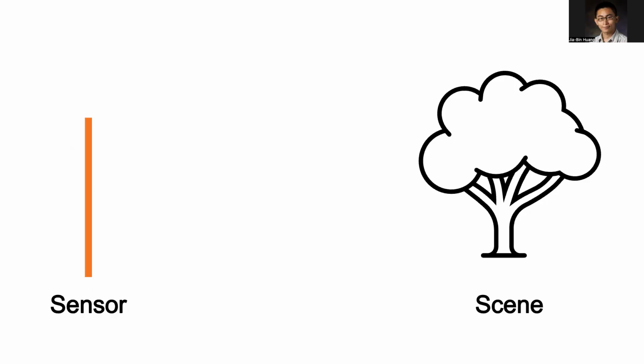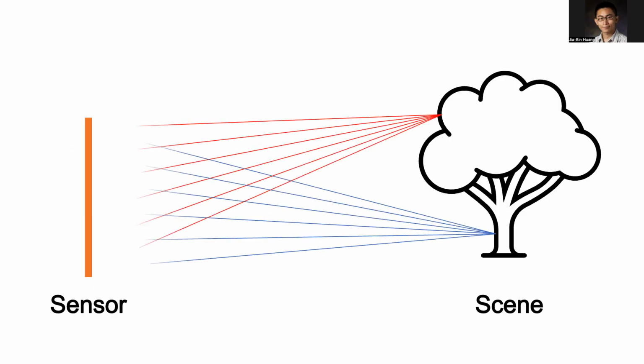Okay, so let me give you some hint. What will happen is this: the light coming from the top of the tree will hit the tree and reflect, and part of the light from that point will come into the sensor. And the bottom of the tree also will come into the sensor.